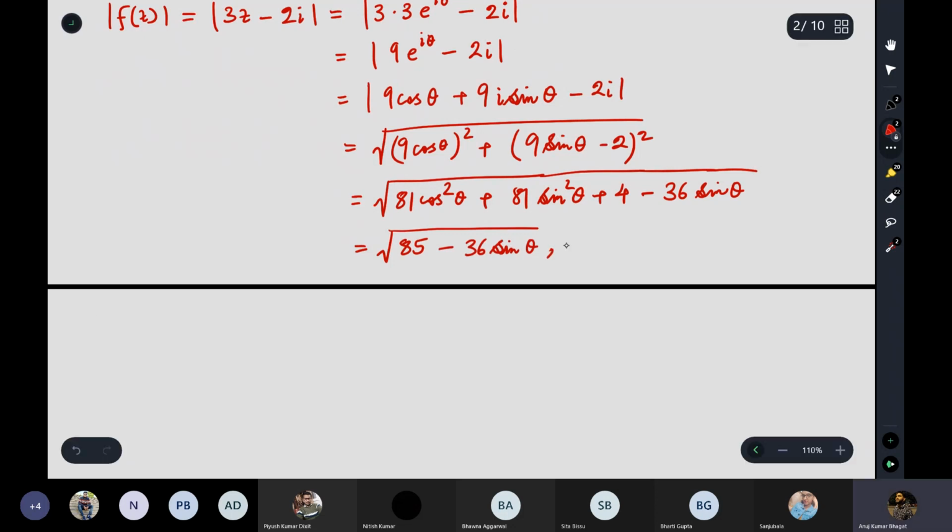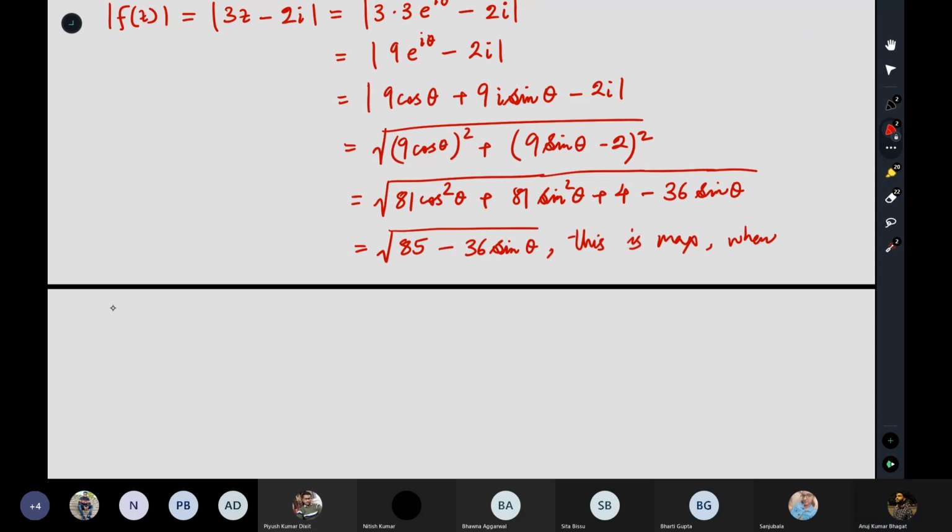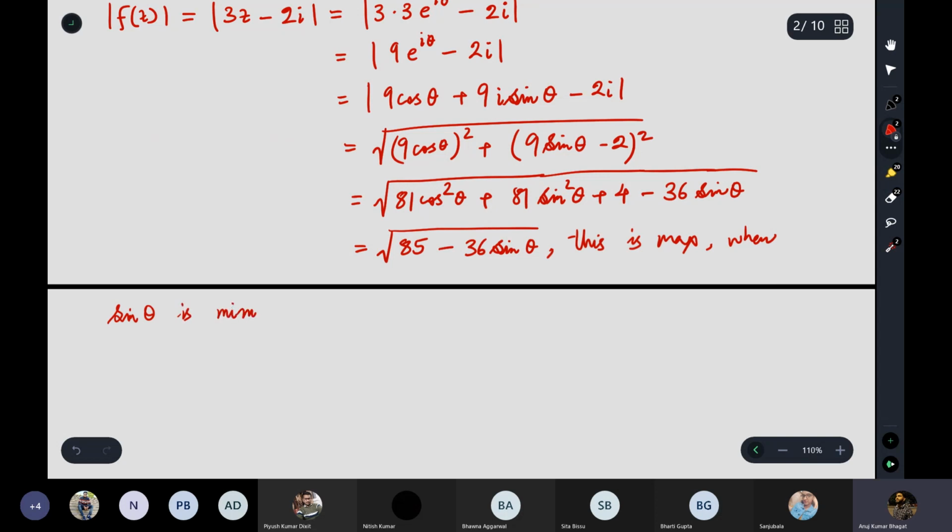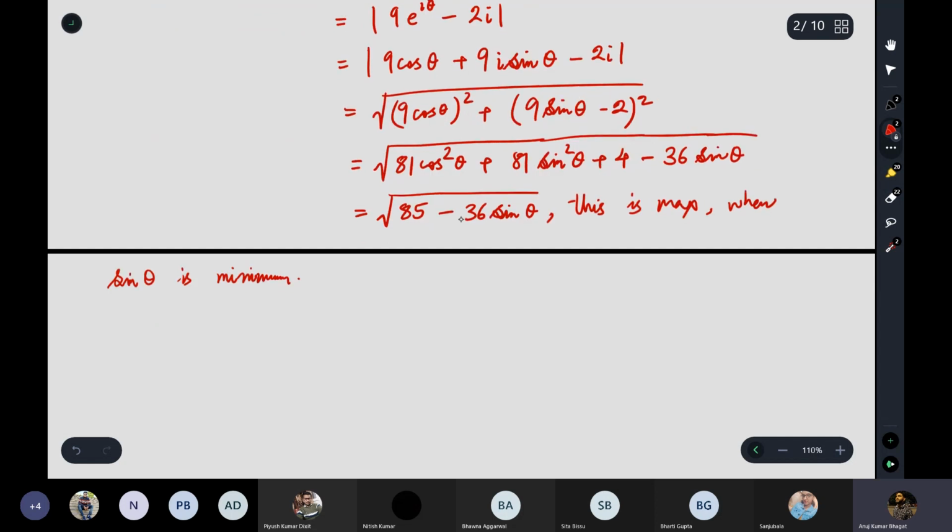So this is maximum when sin theta is minimum, right? Because there is a minus in between. So when will this square root be largest? The square root can take more and more value when sin theta is minimum.